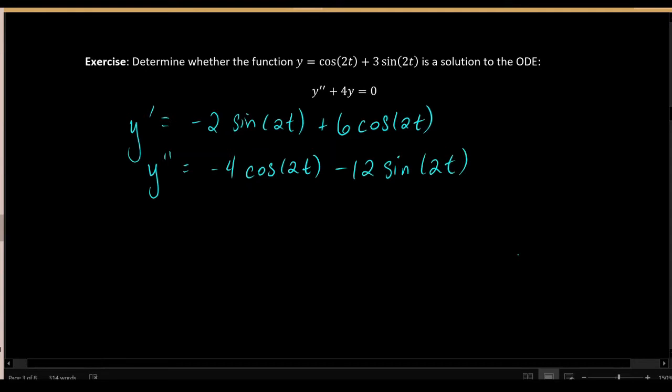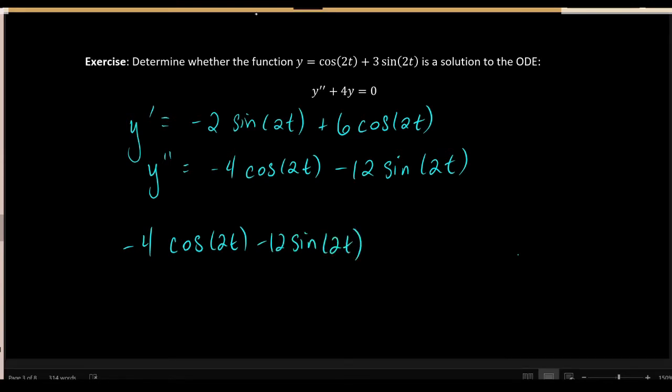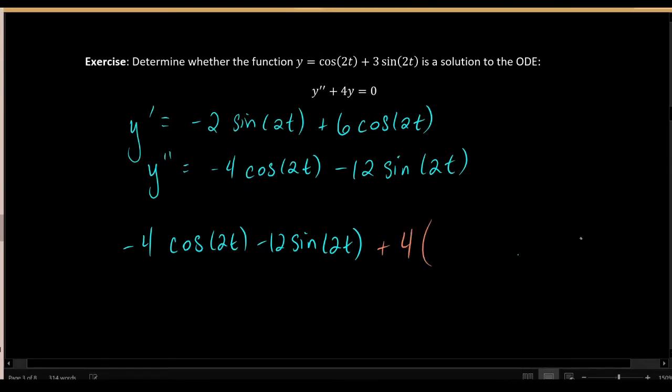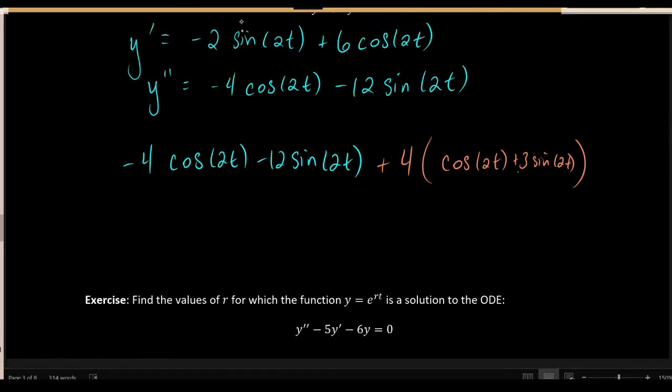So let's replace the y double prime in the differential equation with this expression. And then let's replace the y with the given formula y equals cos 2t plus 3 sine 2t. Let's check and see if that actually does equal 0.